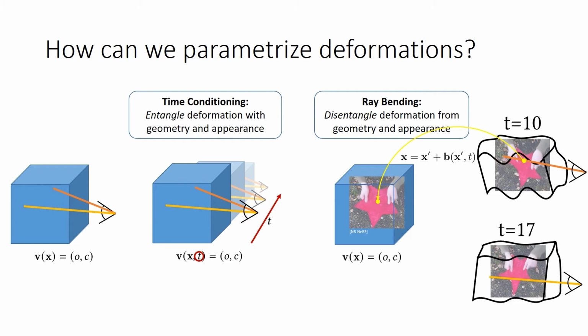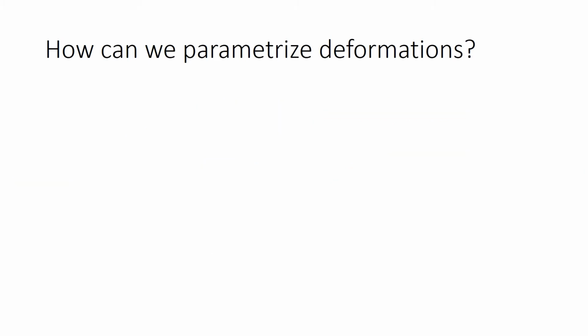This function is conditioned on time t, which allows it to map all time steps into the same static volume. The ray bending is trained jointly with the canonical volume using a reconstruction loss similar to static NeRF and additional regularization on the deformations. Let's see how these two deformation models compare.